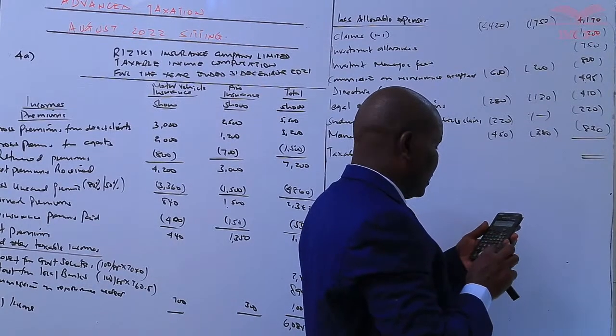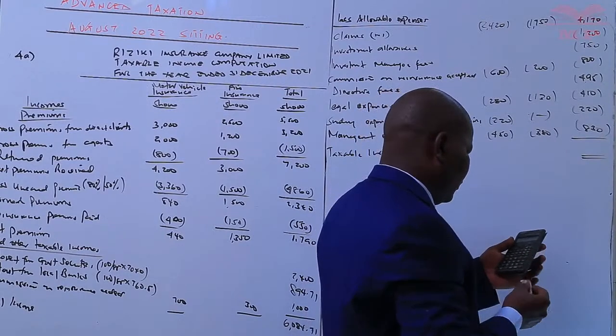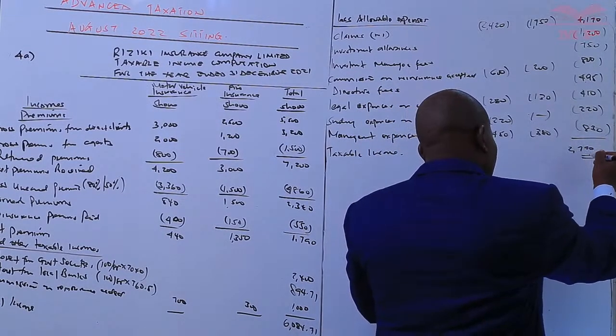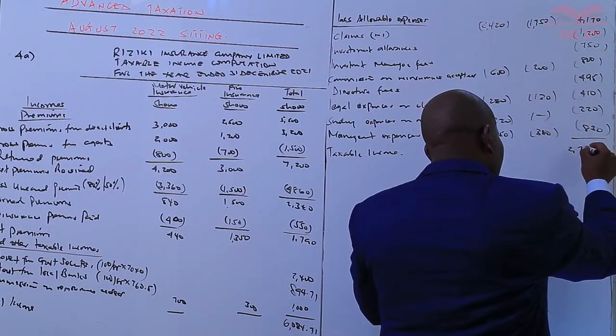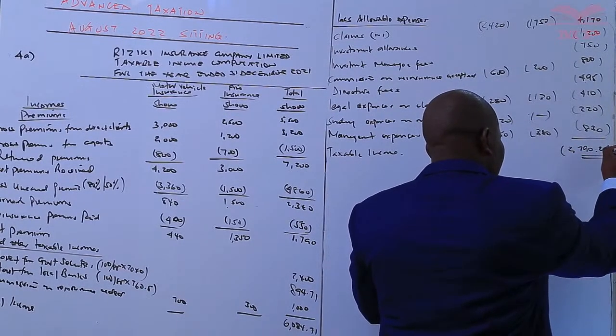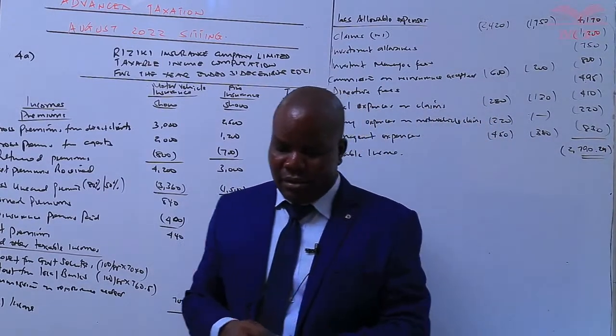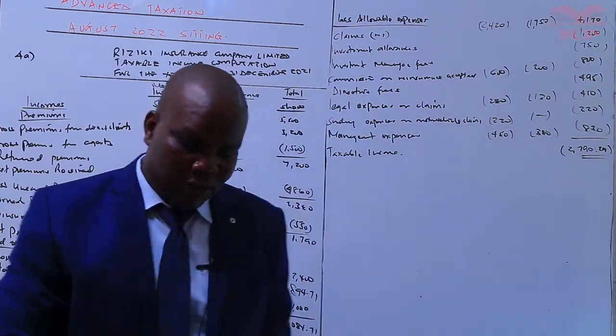I have 2790, 2790.29, but negative. So in short, this company realized a loss during the year 2021.